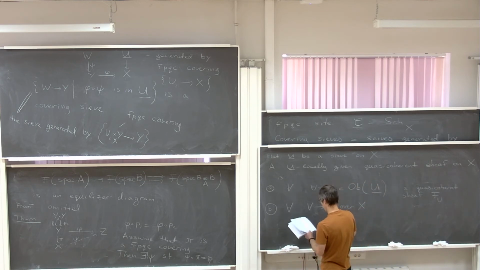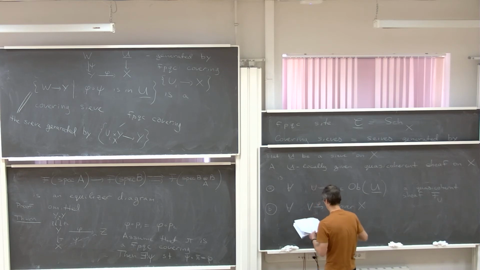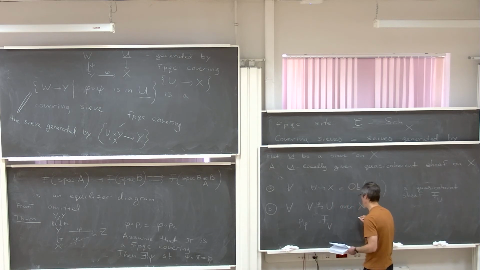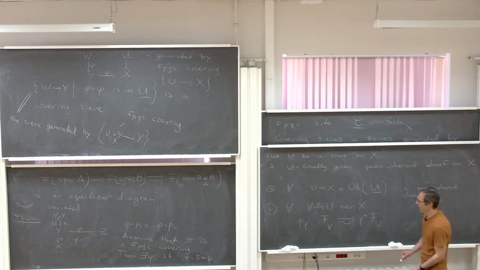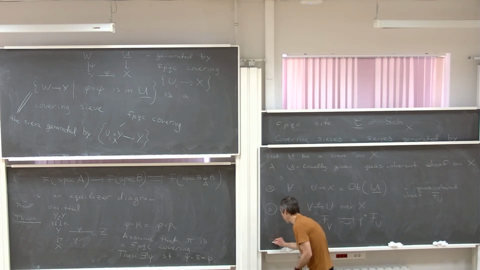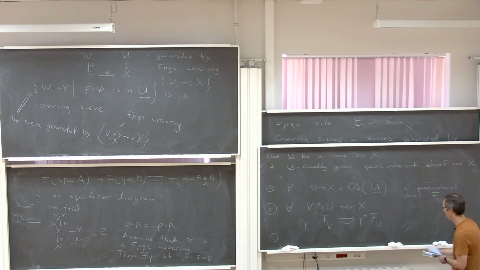So let's introduce some notation. For every morphism phi, we are supposed to give an isomorphism rho of phi between F sub V and the pullback phi upper star of F sub U. So these are the data, and this data must satisfy a certain transitivity or closed-cycle condition. Okay, so I need more room.